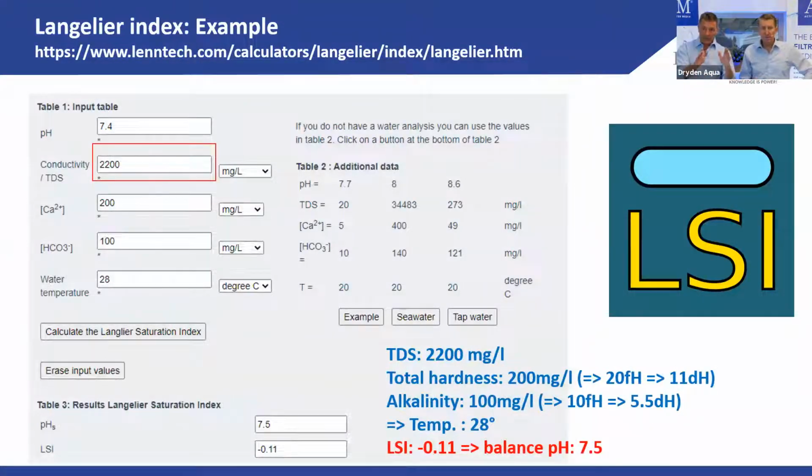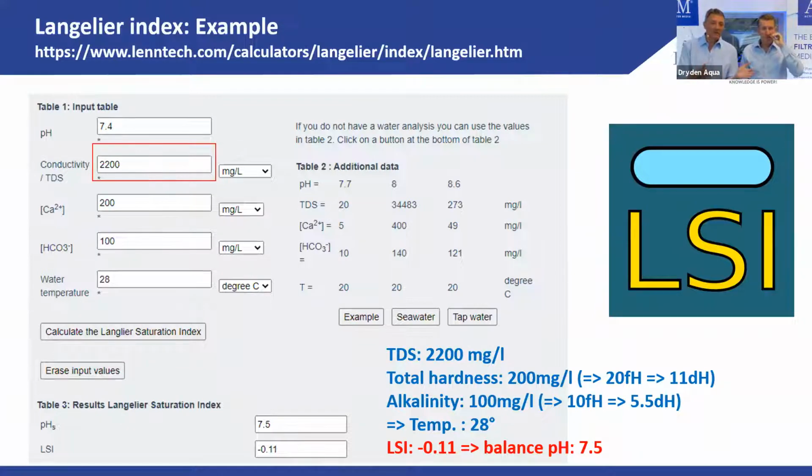Same values. Now we just change the salinity. Yes, the salt concentration. So we add 2 kilograms of salt instead of just 1. All the rest stays the same. So we increase from 1200 to 2200, conductivity. And now we have a negative LSI, which means the water is becoming corrosive.